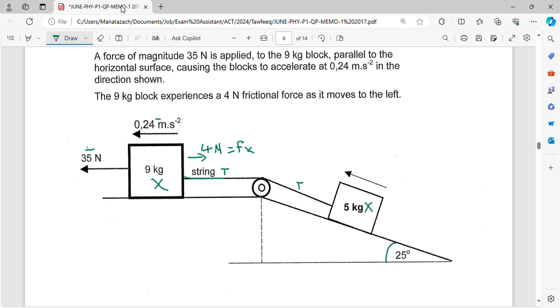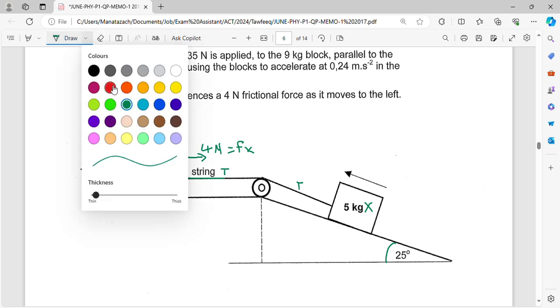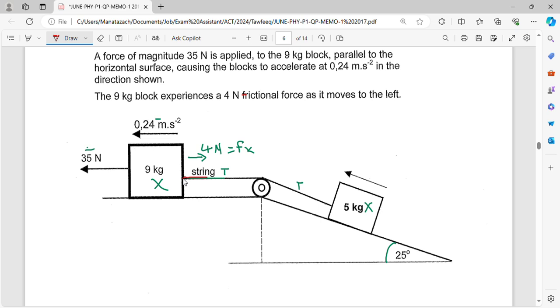Let me just use a different color. You've got this force here that you need to work out, the tension T, and then another force acting on this block is its own weight, which we can call Fg. Then you have a normal force acting upwards.